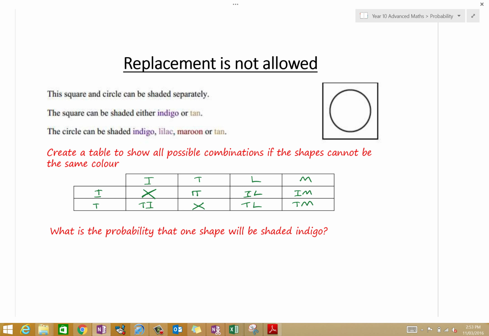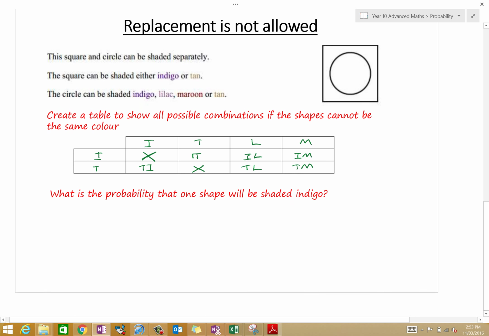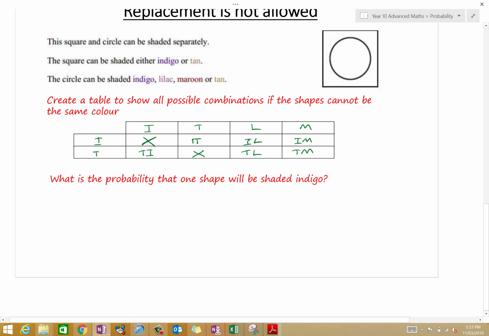6. Because, and I'm going to link this to a tree diagram, without replacement, if I pick a square, I can go indigo and then I can go a tan. If I go indigo, I can't go another indigo. I'd have to choose a tan or a lilac. We're going to get to tree diagrams. There's 3 outcomes there if I choose indigo first.